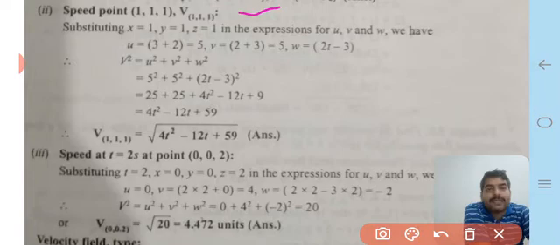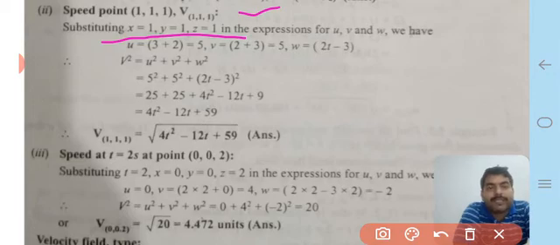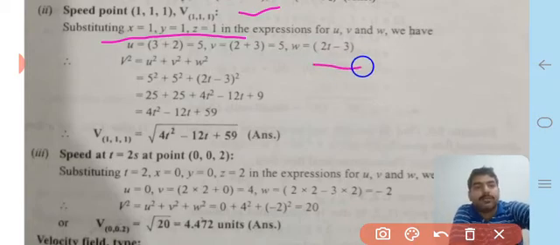Substituting these values into the velocity components, u is equal to 5, v is equal to 5, and w is equal to 2t minus 3.